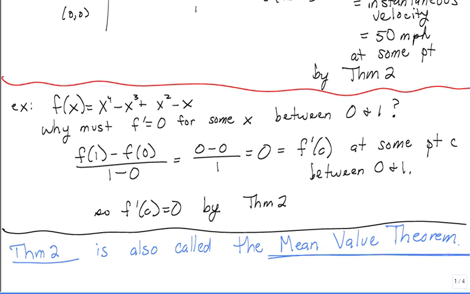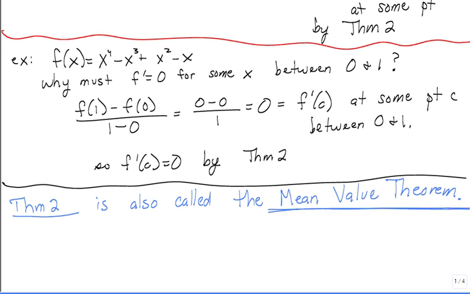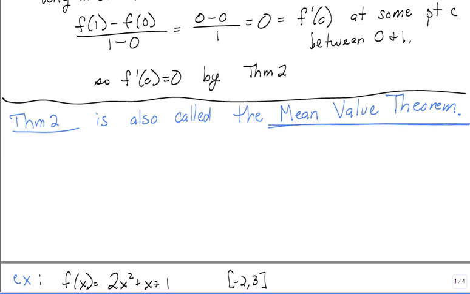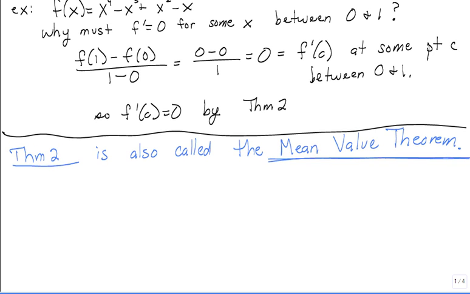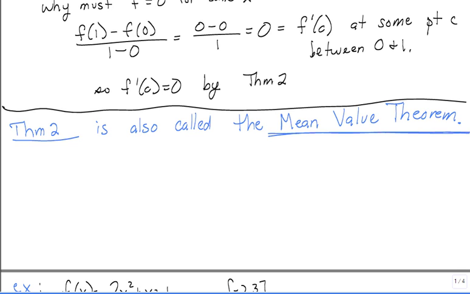So this theorem, where f is continuous on a closed interval and differentiable on an open interval, says there's some point where the slope of the tangent line equals the slope of the secant line, or the derivative is equal to the average rate, or the instantaneous velocity is equal to the average velocity at some point. That's importantly called the mean value theorem.